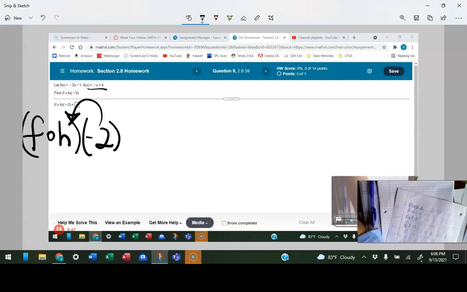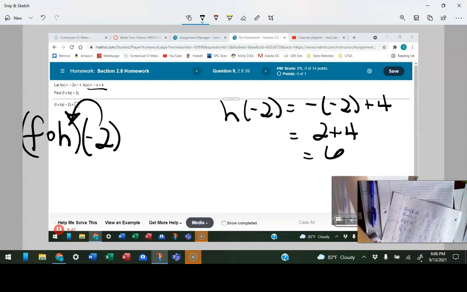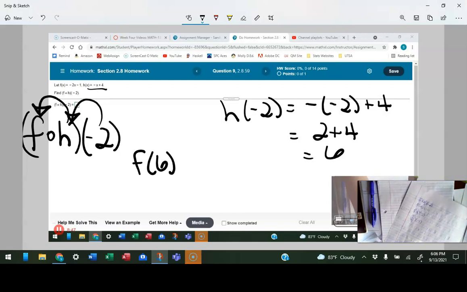H is negative x plus 4, so h of negative 2 is going to be 2 plus 4, which is 6. Now that I have the 6, I'm going to hop backwards and put that 6 into f. So f of 6 is going to be negative 2 times 6 minus 1, which is negative 13.